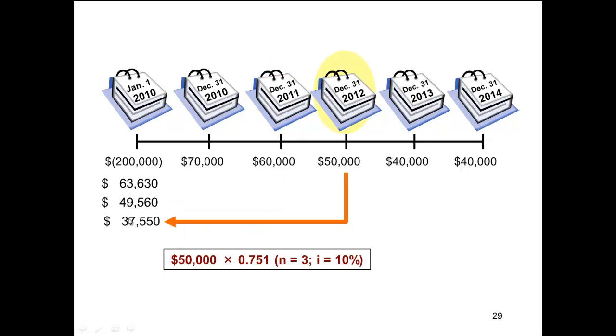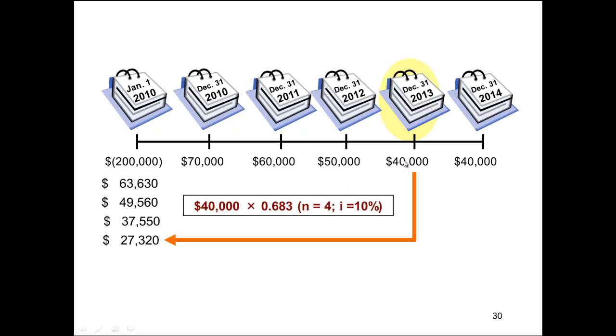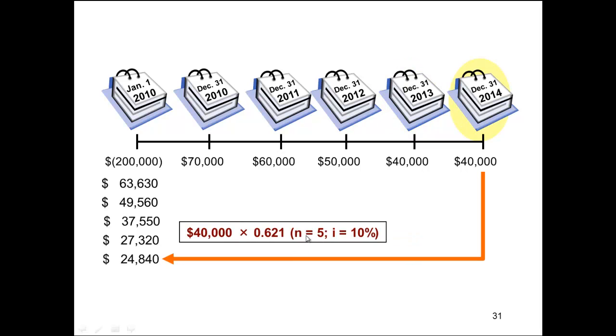This amount here, $37,550, after 3 years at 10%, it's going to be worth this. We would have $40,000 if we invested $27,320 at 10% interest, right? We would have earned $40,000. And after 5 years, $24,840 would be worth $40,000, assuming a 10% interest rate, right? And that's also assuming that the interest is going to be compounded annually.